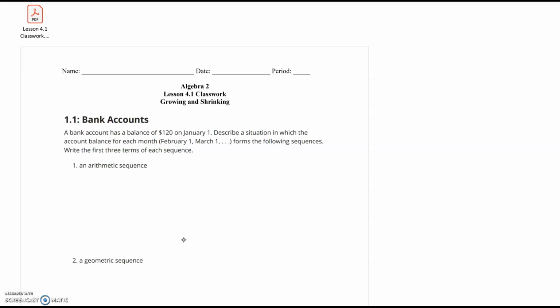first, let's remember what an arithmetic sequence is, and arithmetic sequences change by adding or subtracting repeatedly. So we're going to add or subtract the same value over and over again.